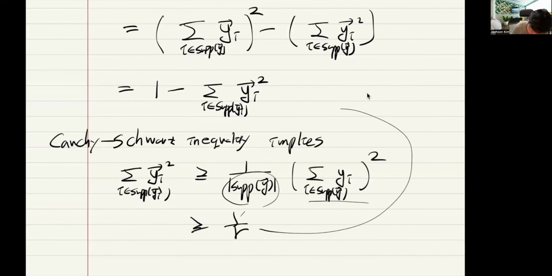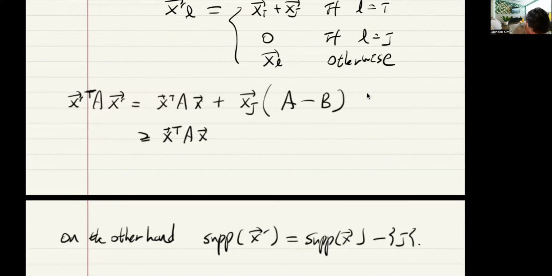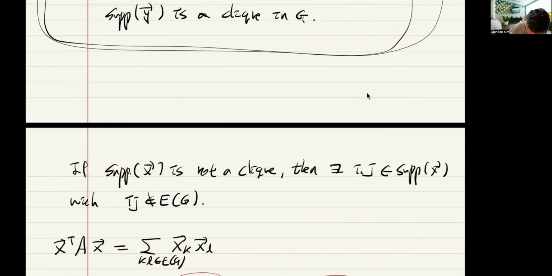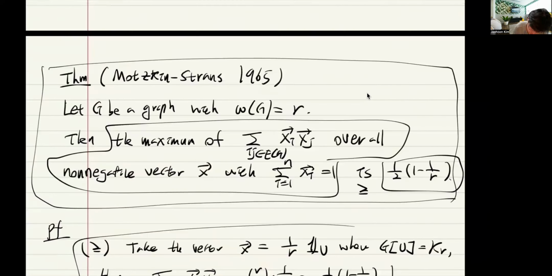As you plug that in, this is at most 1 minus 1 over r. Then what do we know? That proves this theorem.